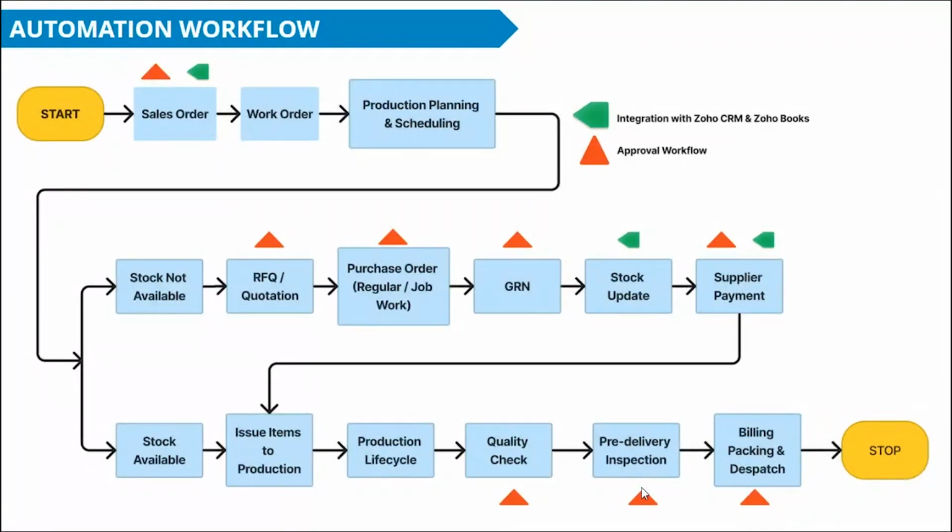And then the red triangles that you see denote the approval process or workflows that we have enabled within the system. When I say approval process, they are all dynamically definable approval workflows. Every organization will have different process of workflows to be created for approval. Therefore, a manufacturer will be able to define for what module he needs approval workflow, what kind of levels he requires, and how he wants to manage the workflow.